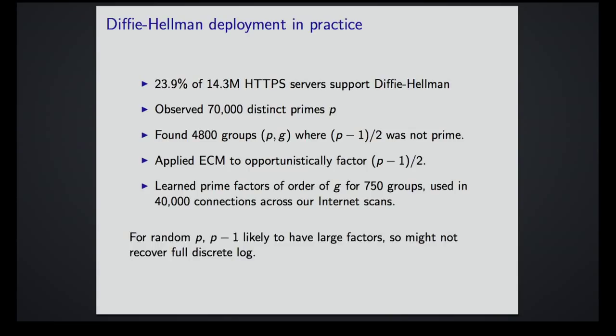Okay, so is this a problem? Well, it certainly breaks the DDH assumption if we've got a key exchange of this form, but it's not actually a vulnerability in practice immediately. If somebody just wasn't paying attention to the kind of primes they were generating and just generated some random prime and didn't check if it was safe or DSA or anything, then p-1 is likely to have large prime factors.